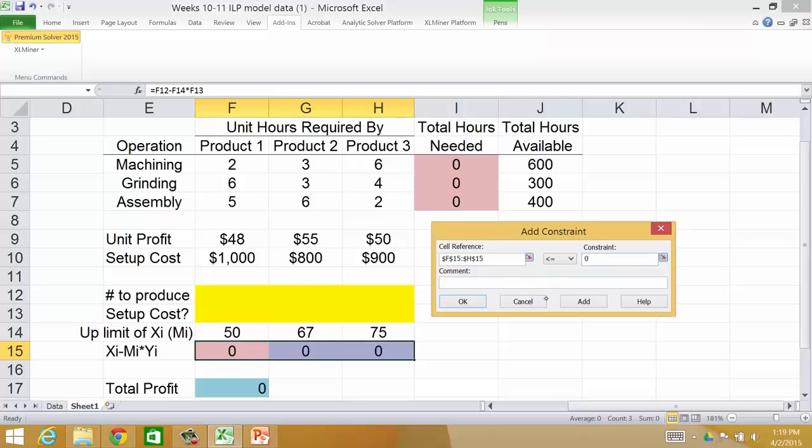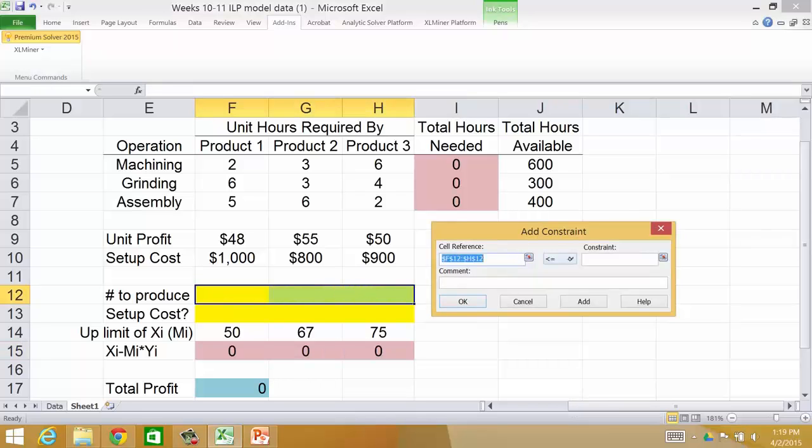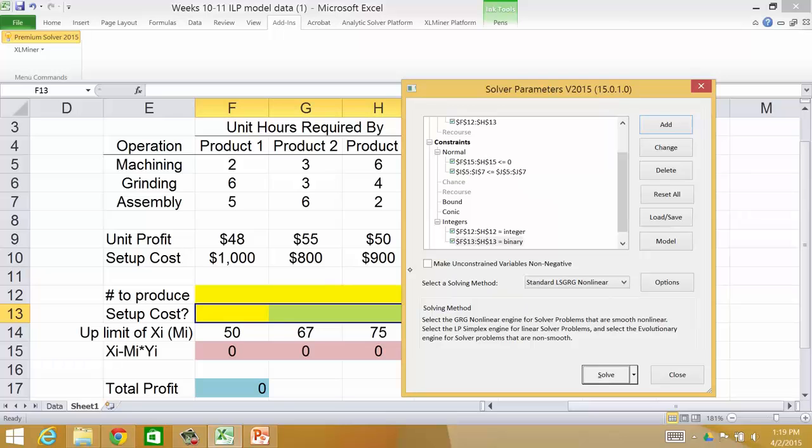And we need to add that our xi's need to be integers because we want our product numbers to be integers. We also need our yi's to be binaries, to restrict them so they can only be 0 or 1. And we want our xi's to be non-negative. Then change the algorithm and solve.